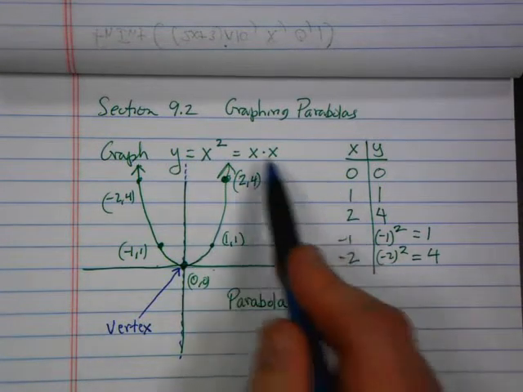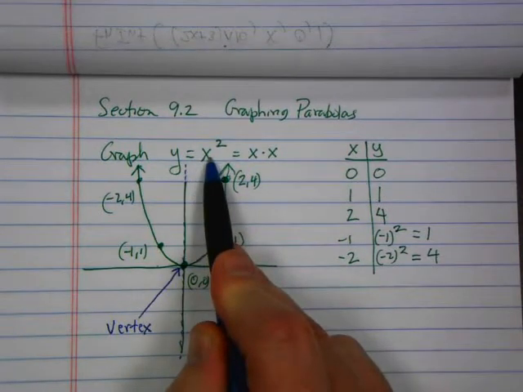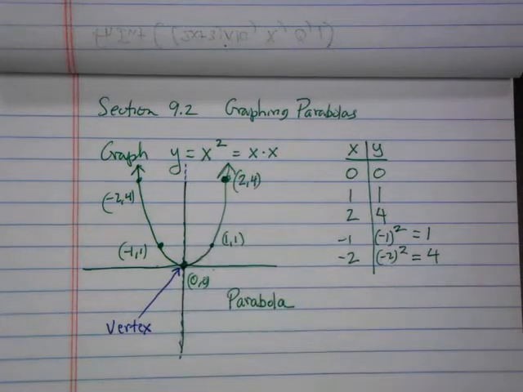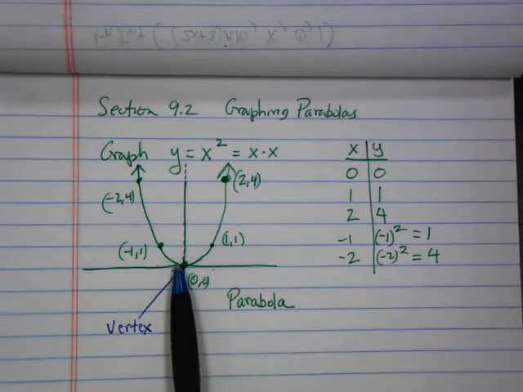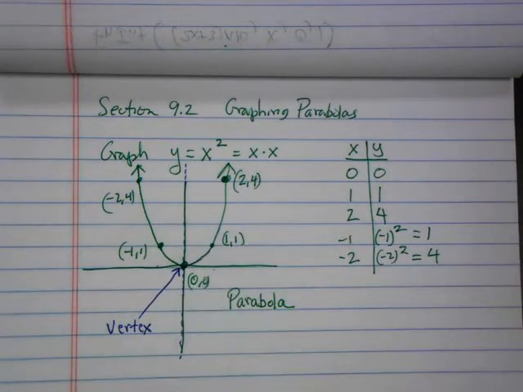If I plugged 3 in, I would get 9. And if I plugged in -3, I would get 9 again. -3 times -3 is +9. All right, so there's a symmetry property. The vertex is always right in the middle.